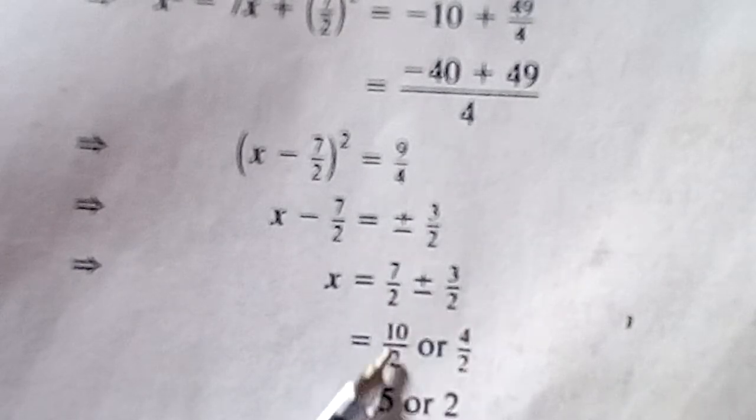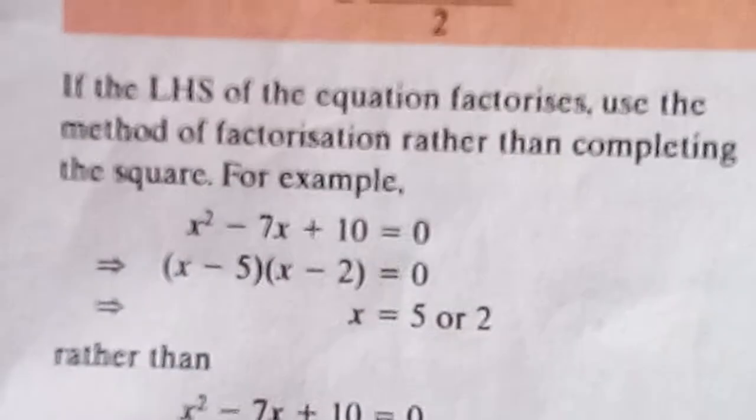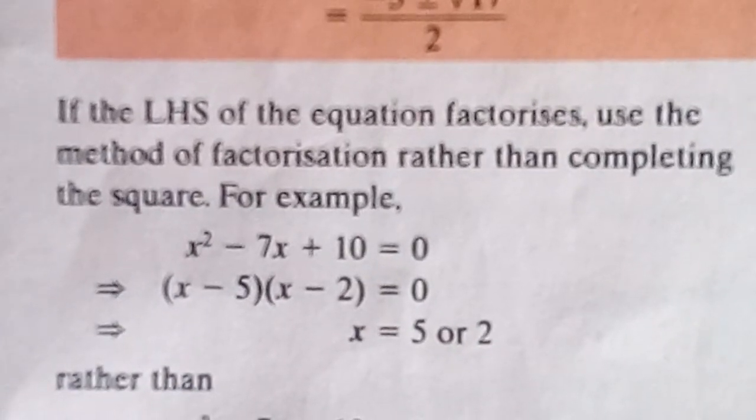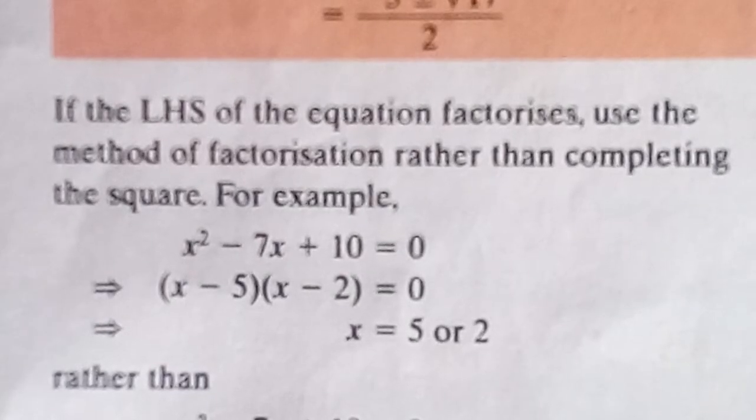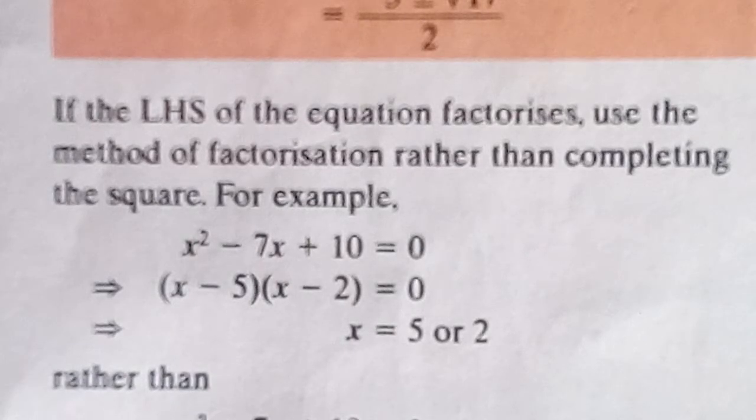If you use the minus, it will give you 4 over 2. So it's either 5 or 2. You can see that the factorization method and the complete the square method give you the same answer, 5 or 2. But it is better to use the factorization method if the left hand side can be factorized than using the complete the square method.